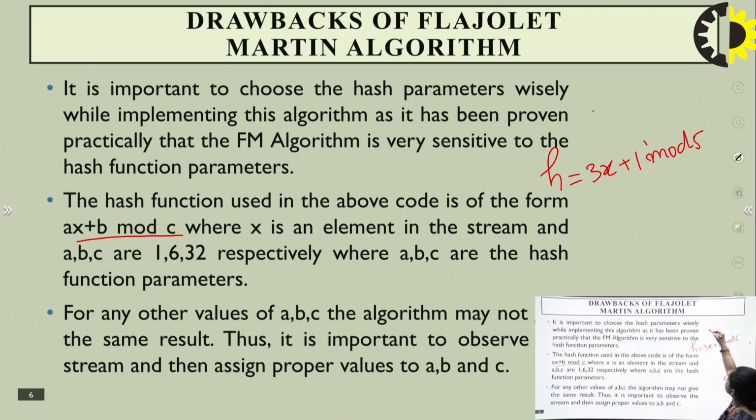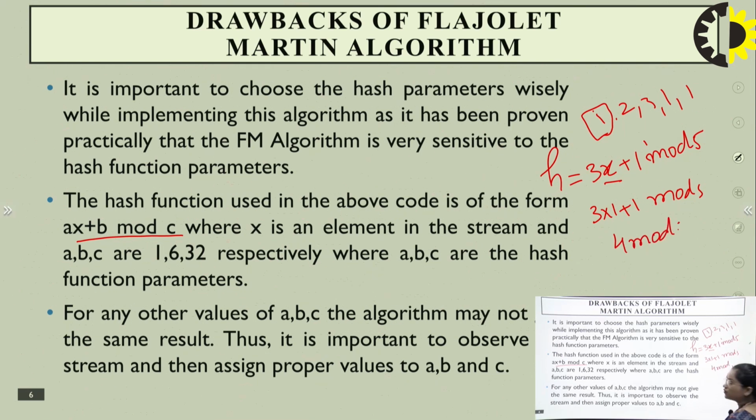Suppose there is a string 1, 2, 3, 1, 1. That will be the x value you put in the variable x, and then you find the mod 5. Suppose I am taking 1, so 3 into 1 plus 1 mod 5. That will be 4 mod 5, and as we know, the answer will be 4.